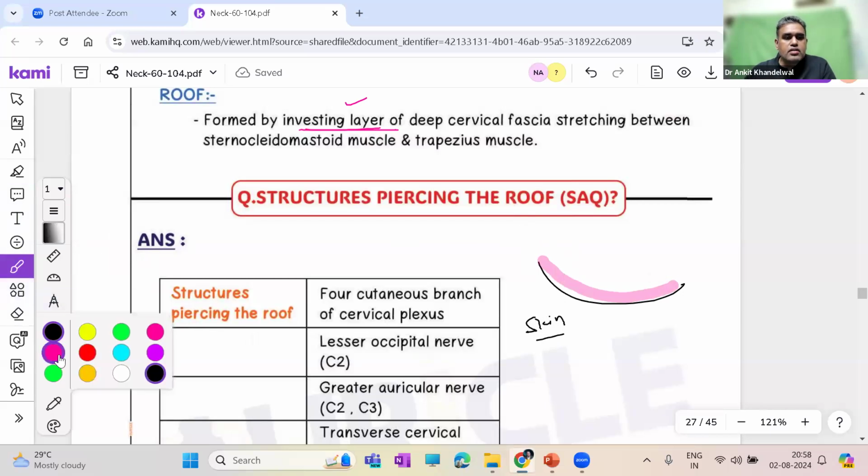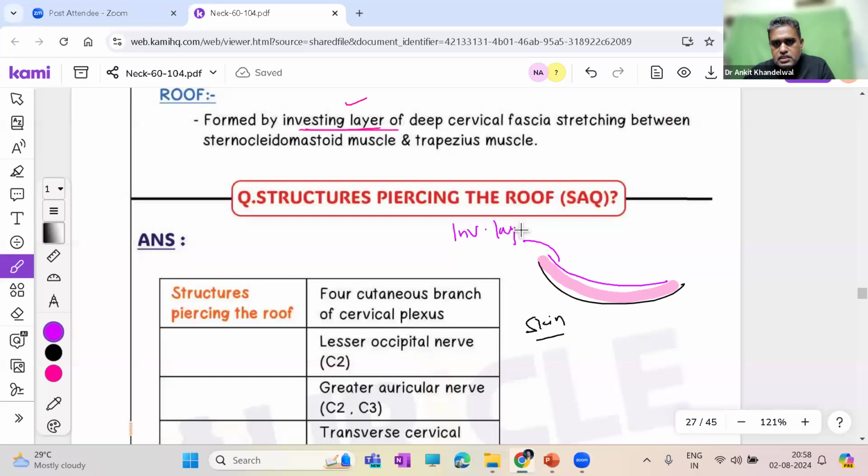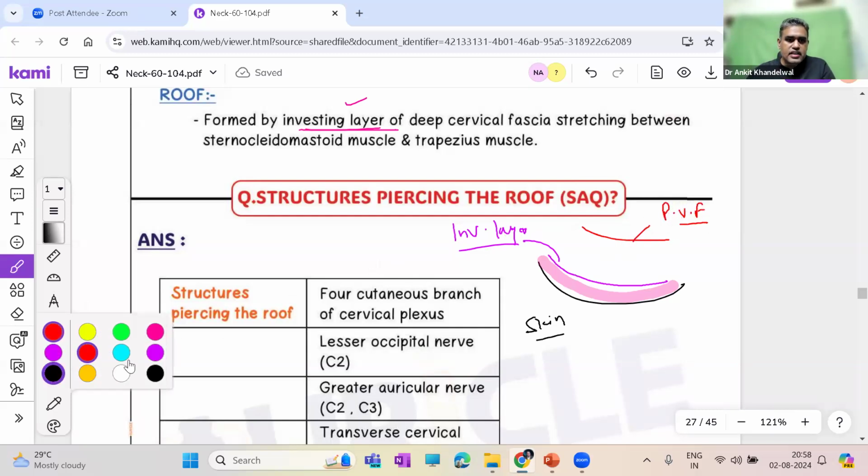Then after that, I will be having what? I will be having my investing layer of deep cervical fascia, because that is the roof, right? Deep inside, this is forming the floor. So it is what? Prevertebral fascia. Imagine we are seeing the posterior triangle.